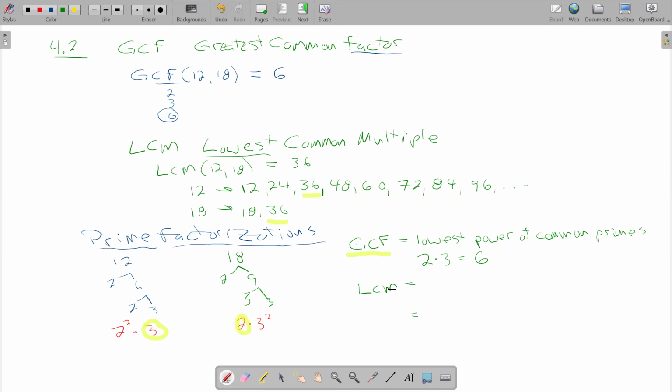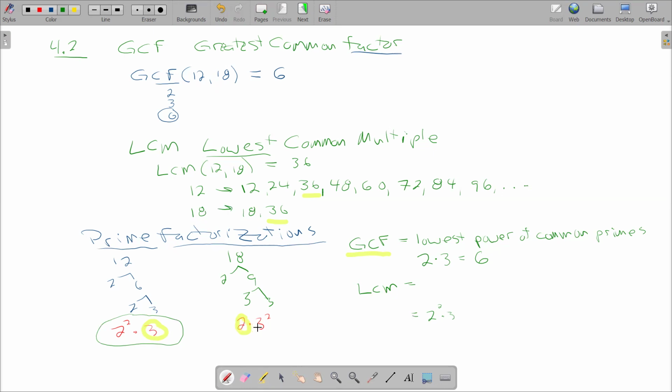I'm looking for a multiple of 12. Well, if it's a multiple of 12, it's 12 times something. So that means all of 12's factors have to live in the multiple. So that multiple has to have a 2 squared times a 3 in it, because 2 squared times 3 is 12. If the 2 squared and the 3 aren't there, it ain't a multiple of 12.